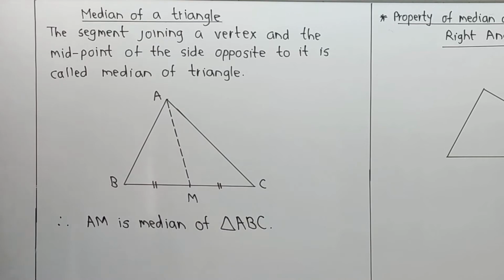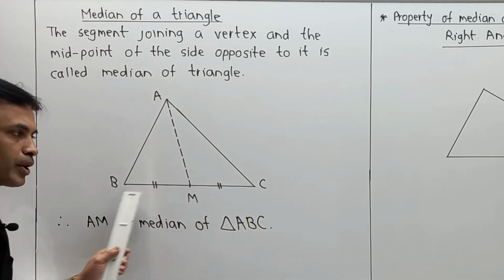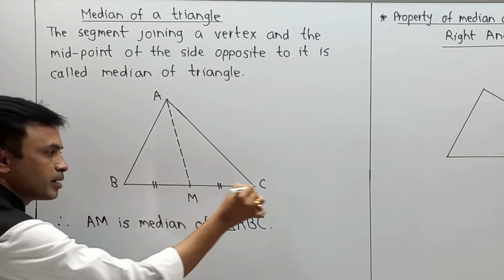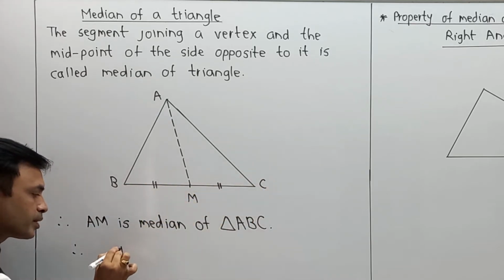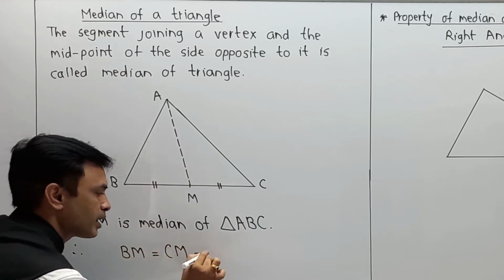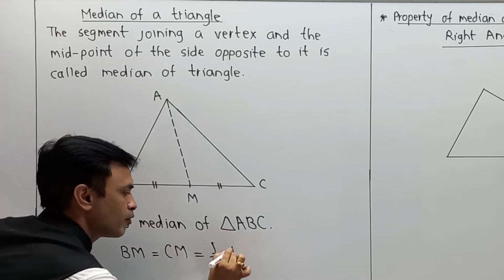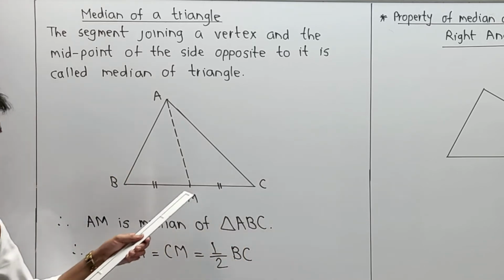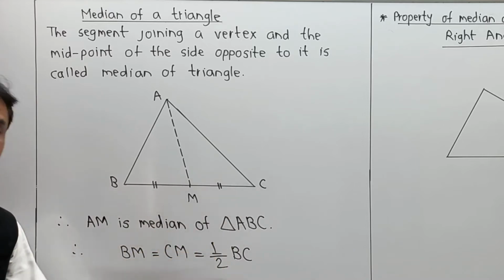First part. And next, as M is the midpoint of BC, we are also giving that declaration. So BM equal to CM, and that is half of BC. Here BM equals CM because M is the midpoint, naturally it is half of BC.